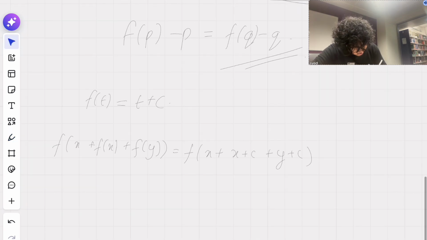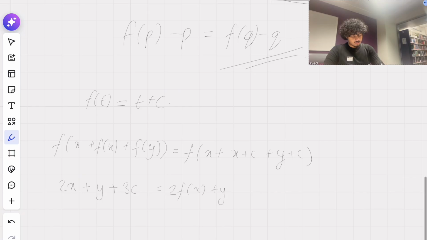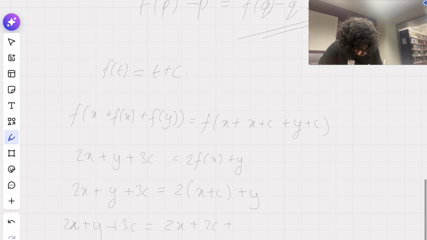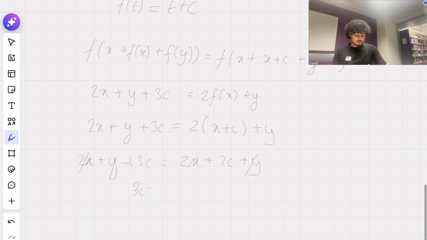And then we're just going to add c to all of this, so it's going to be 2x + y + 3c, because we need another c, and that's going to be equal to 2 times f(x + y). 2x + y + 3c is equal to 2 times (x + c + y). 2x + y + 3c is equal to 2x + 2c + y. y is cancelled, 2x is cancelled, 3c is equal to 2c, which can only mean that c is equal to 0.